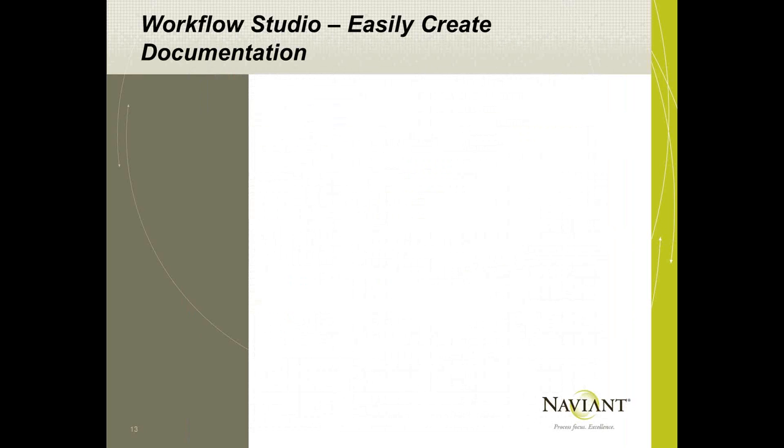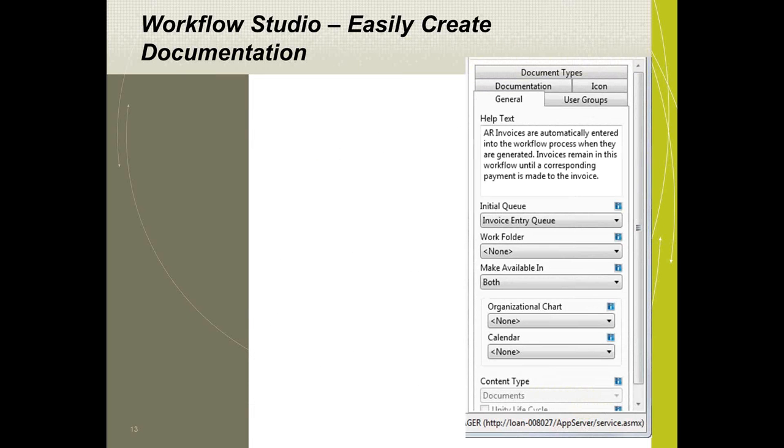So as you know, the help text field on the General tab is very useful for providing mouse over text for your end users in Workflow. By making use of the new Documentation tab in Workflow Studio, you can create 2 types of documentation quickly and very easily.